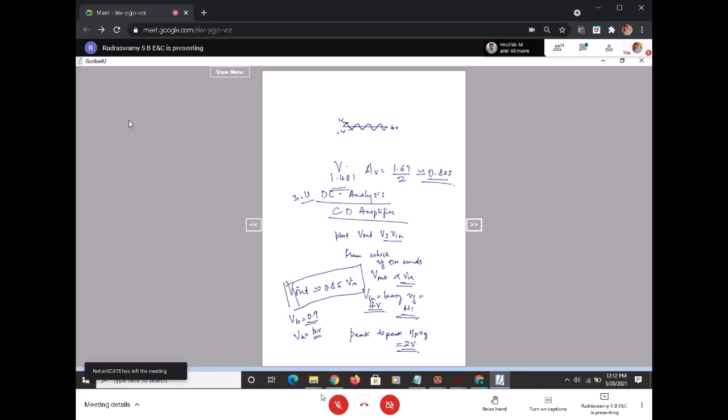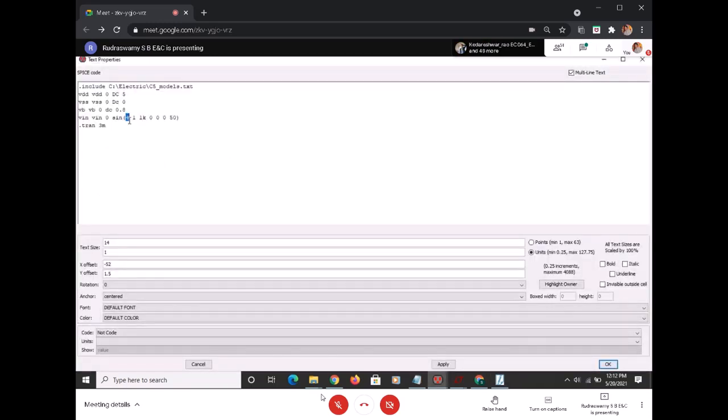The 1 kilohertz sine wave with a peak to peak of 2 volts is the input voltage for which I will get the output with a gain of almost 1, not exactly but almost.